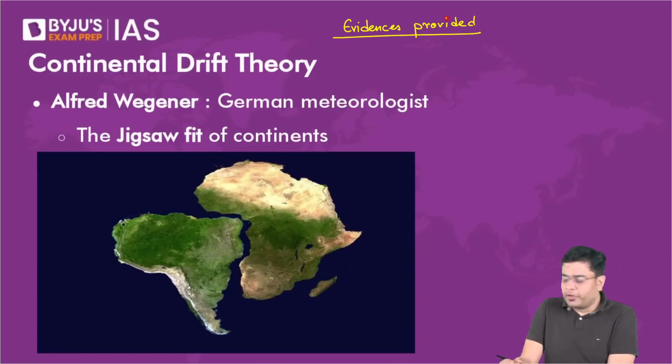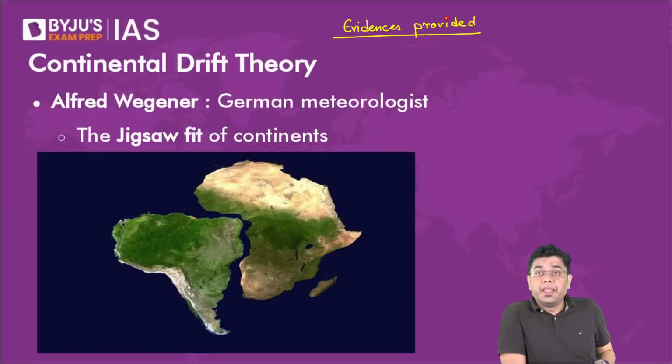Yes, Laurasia is also referred to as Angara land. Now, amongst the evidences provided by Wagner, let us understand why he thought about it. Being a climate expert, why did it dawn upon him that the continents would be changing their place? The first idea that he had was that of the shape of the continents.